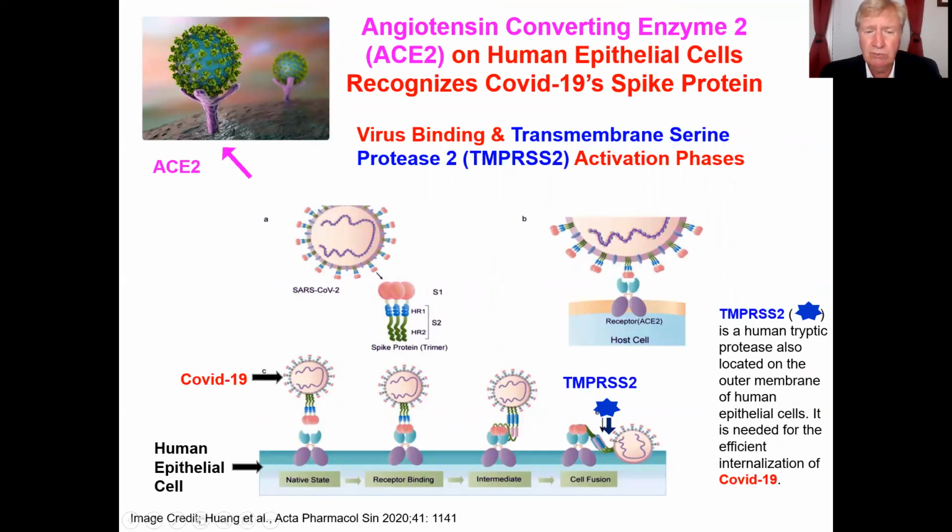So here's a cartoon explaining how COVID-19, also known as SARS-CoV-2, attacks and infects human cells. The virus is floating in our system and comes in contact with the human epithelial cell. The human epithelial cell has the receptor on the cell surface called angiotensin converting enzyme number 2.